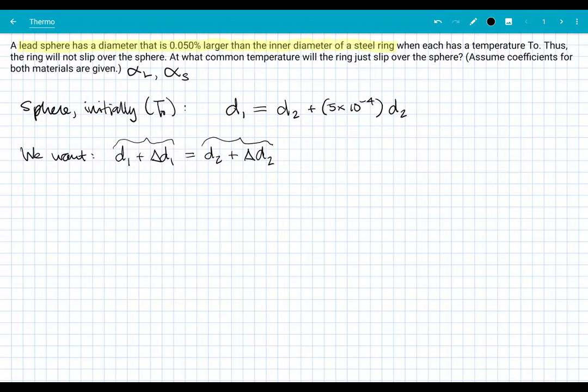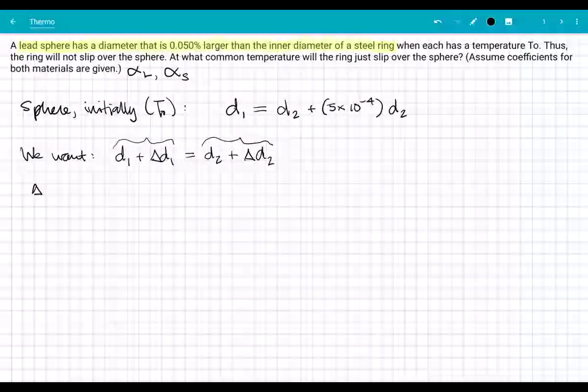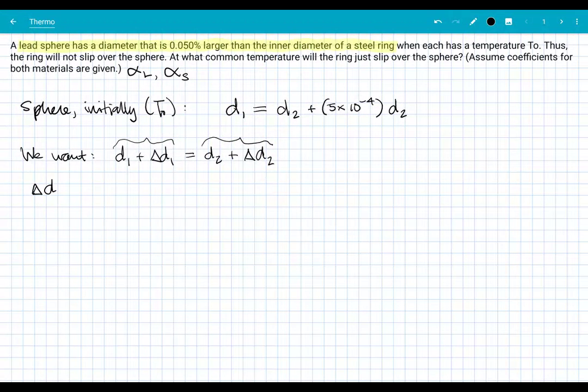Okay. So now we can handle that because we know about thermal expansion. So I can write the change in diameter of the lead sphere is going to be equal to alpha of lead times the initial diameter of the sphere times the change in temperature. The change in temperature is going to be the same for both components, right?